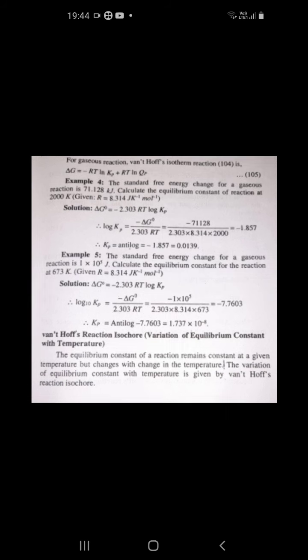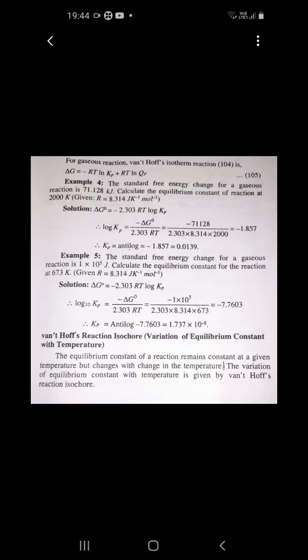Calculate the equilibrium constant of the reaction at 2000 Kelvin. What have they given? They have given the value of R. R is the gas constant, and the value of R is 8.314 joule per Kelvin per mole.